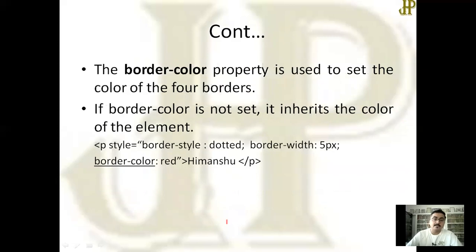And other than this, there is one more attribute known as border-color, where you can give a particular color, either a predefined color name, an RGB value or a hexadecimal value. So here I have given border-color colon red. Border-color is the property and red is the value. Clear? So through this, you can achieve a border in your web page.